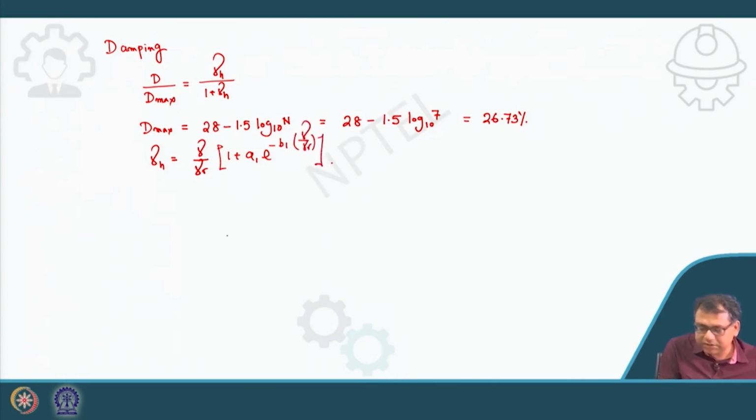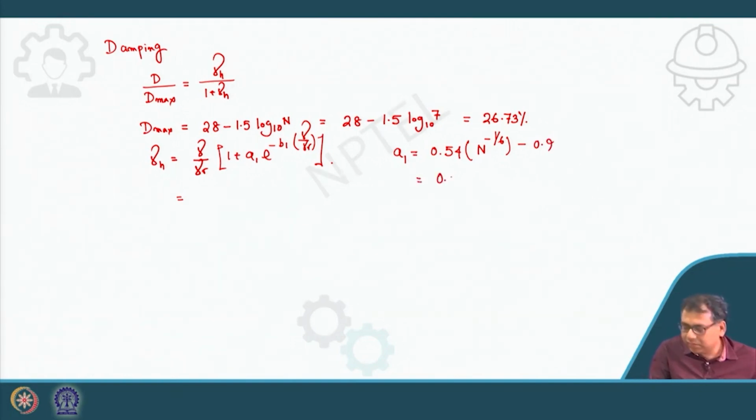Strain reference will not change, strain will also not change, only the A and B values. This A1 for clean saturated sand is 0.54, that you will get from the table, N to the power minus 1 by 6 minus 0.9. So it is 0.54, N is 7 to the power minus 1 by 6 minus 0.9. So it is minus 0.51.